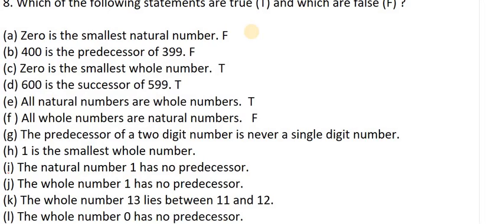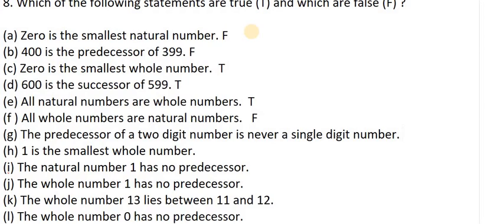Next, the predecessor of a two-digit number is never a single-digit number. What he is saying here: predecessor means the number before. Just take an example of a two-digit number. It never becomes a single-digit number? How is that possible? For example, take the predecessor of 10. 10 is a two-digit number because it has two digits, 1 and 0. What is the predecessor of 10? 9. Then what is 9?